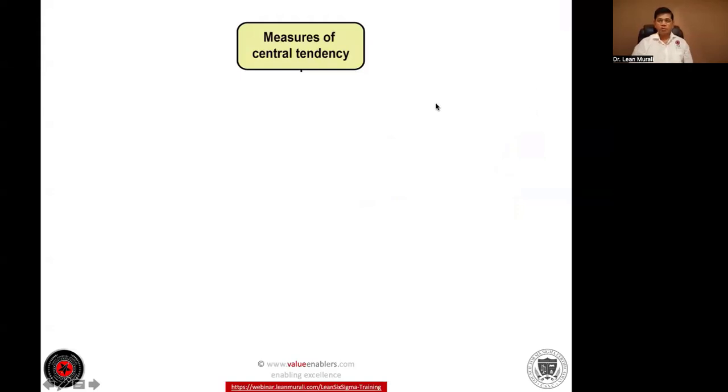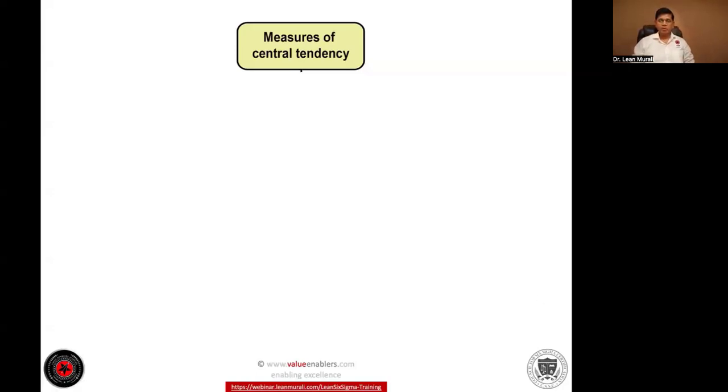Now we find out there are two things in statistics. One is called central tendency, and the other is called the spread. All of you type CT, central tendency, in the chat box.